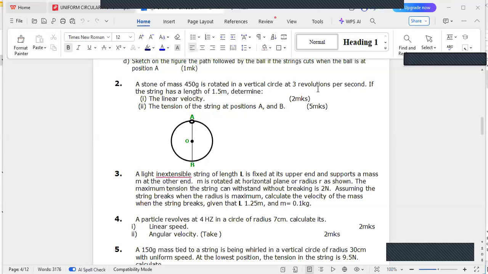So we're going to have 0.45 times 28.27 squared divided by 1.5. We get 239.76 minus 4.5.